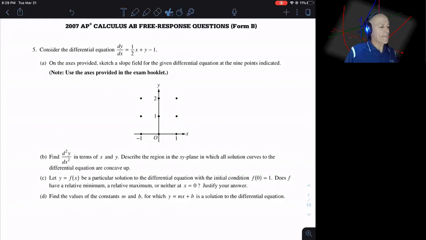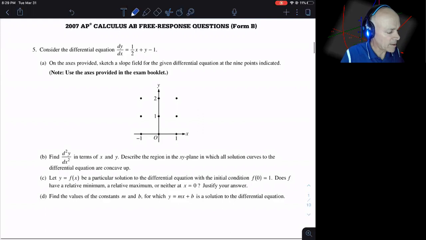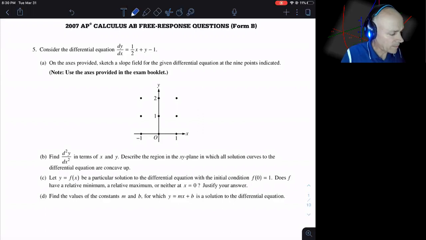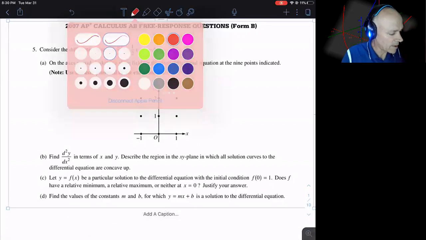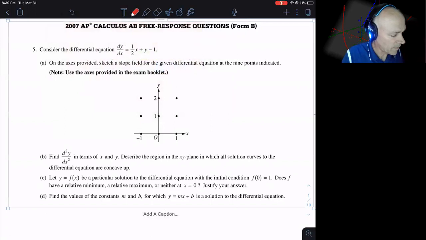So part A, hopefully, is going to be a confidence builder. It just wants us to sketch the slope field on the axes provided. So we're looking at these 9 points. It's red, so it kind of stands out a little bit more.